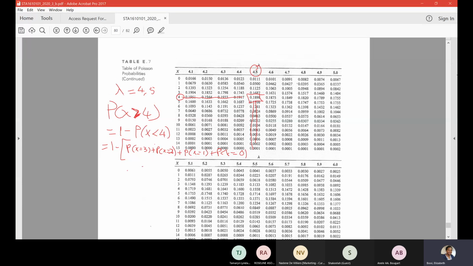Therefore, instead of adding 12 values, you're just going to add 4 values and subtract them from 1. And that will give you the probability of greater than or equal to 4.